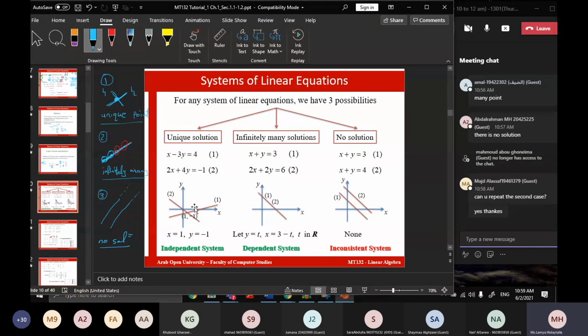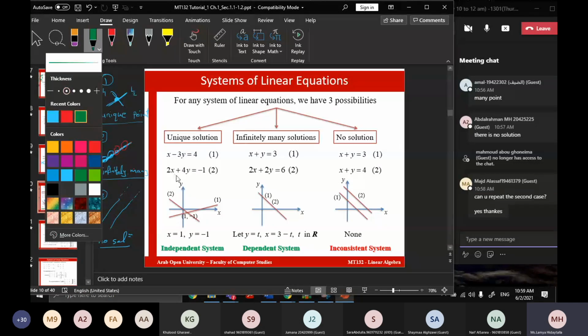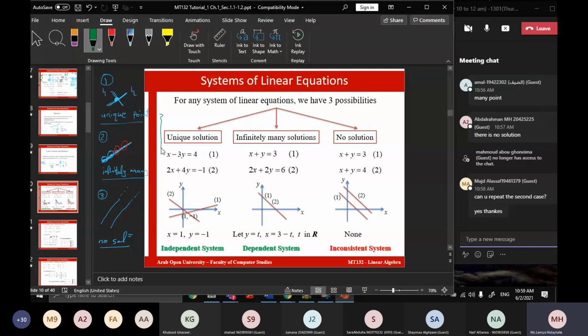If the system has a solution, which is unique, or I have infinitely many solutions, what do we say in this case? If there is a solution, we say that the system is consistent. Okay? Consistent. But if there is no solution, the third case, the system is inconsistent.